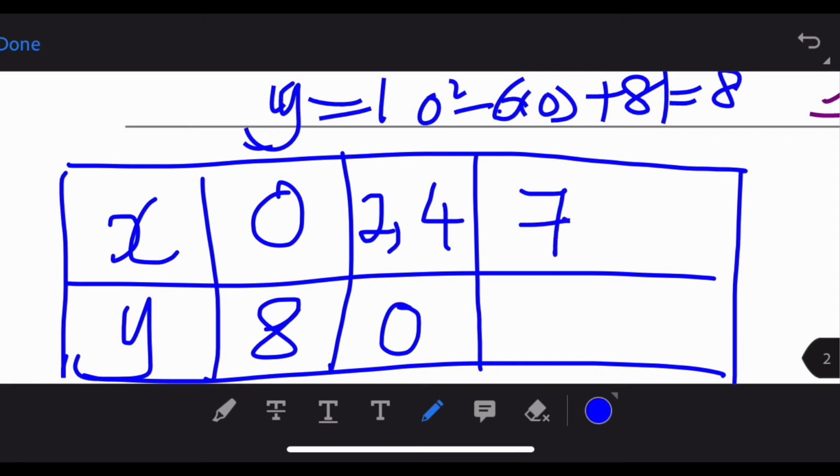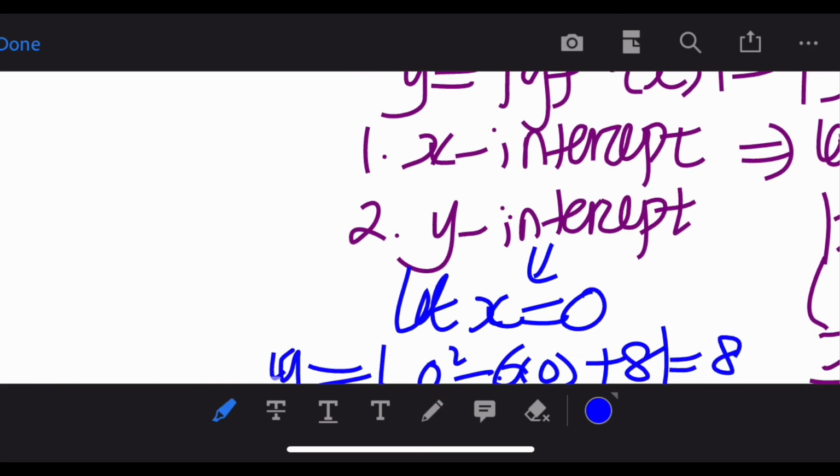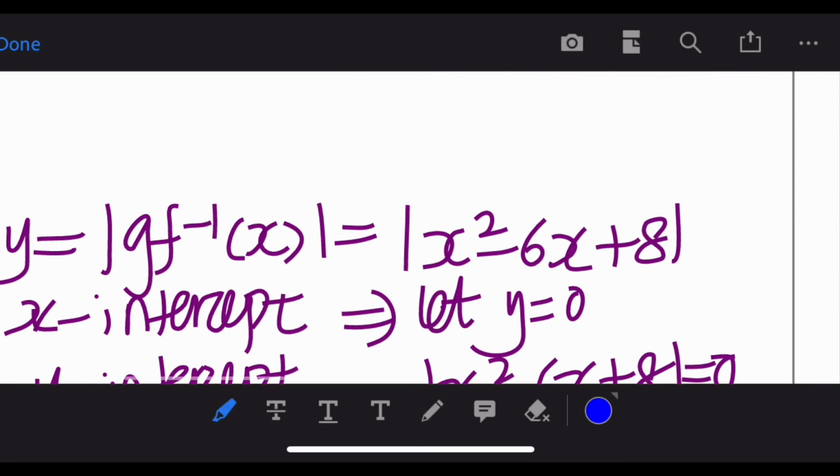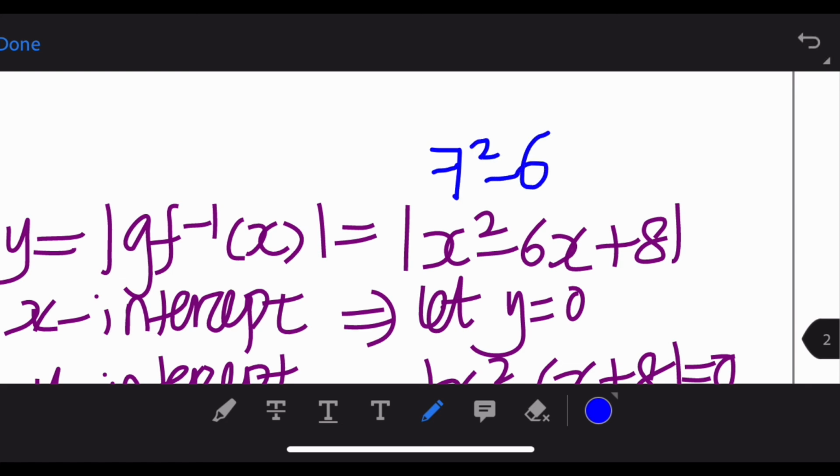When x is 7, we substitute 7 into the modulus of 7 squared minus 6 times 7 plus 8, which is 49 minus 42, so 7 plus 8, 15, right?